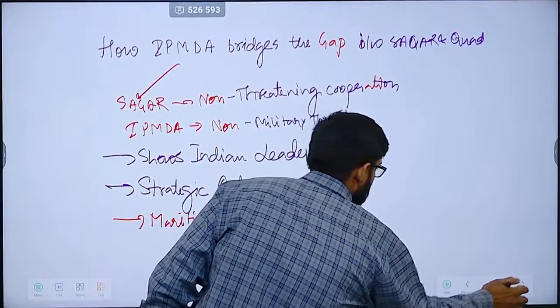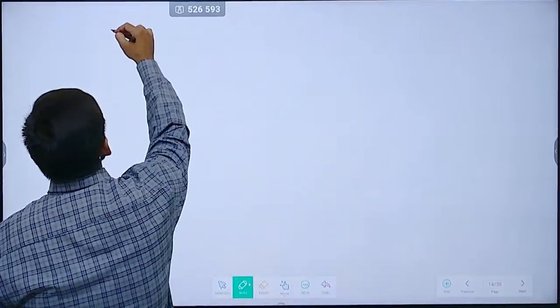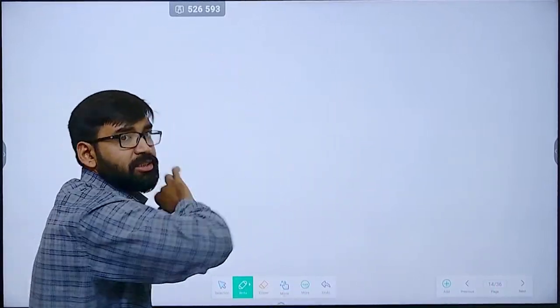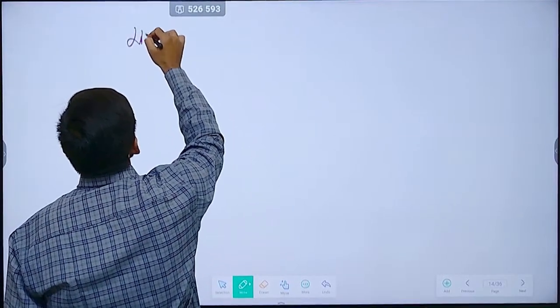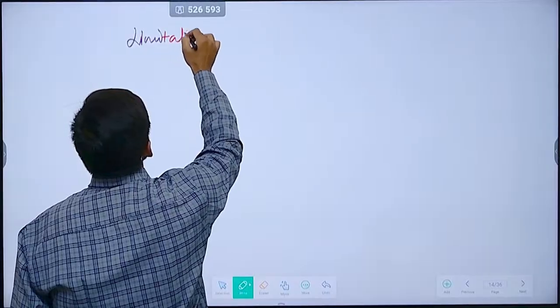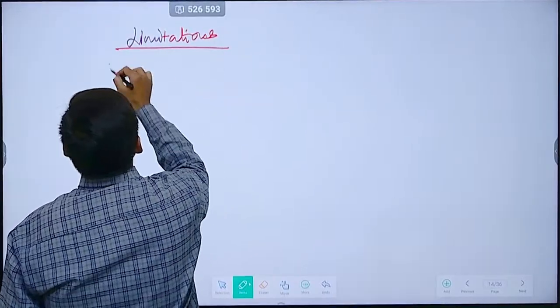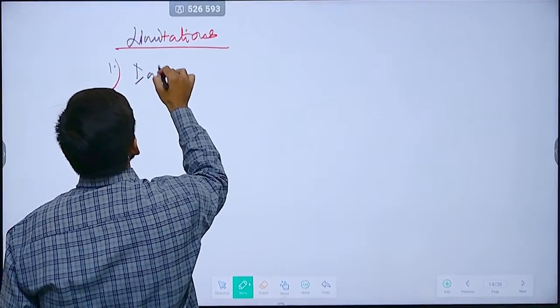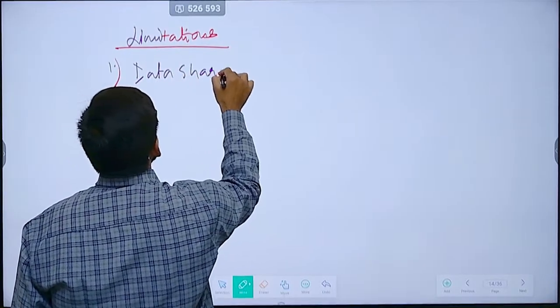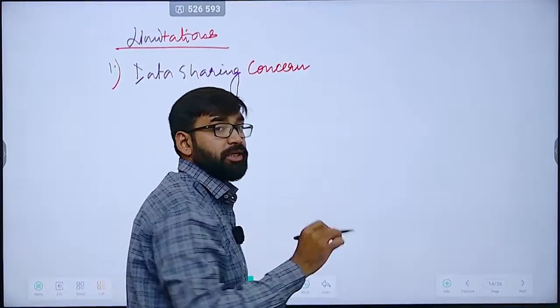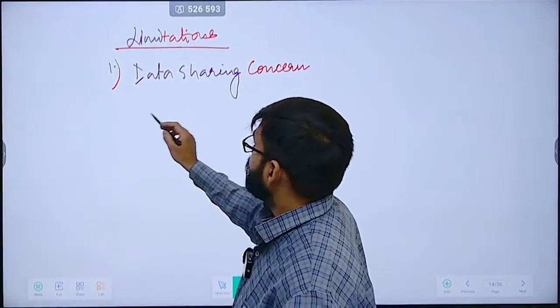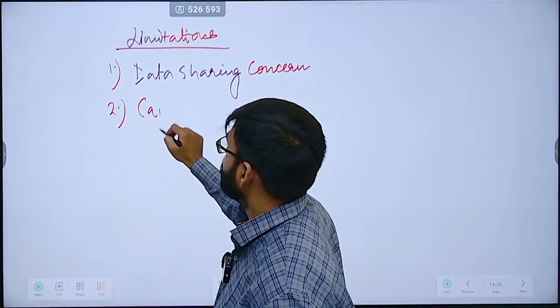Then what would be part 2 of your answer? The second part would be the critical assessment. What are the limitations? First limitation would be data sharing concern. Second, capacity asymmetry.